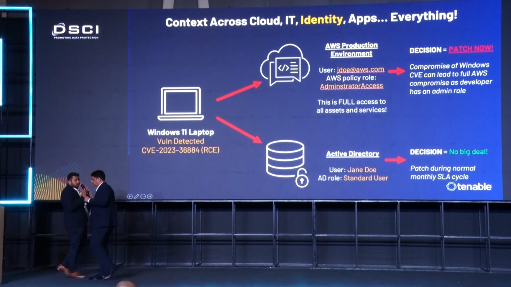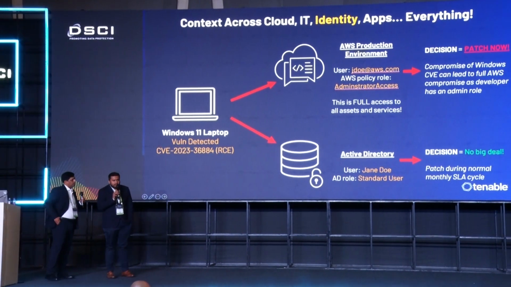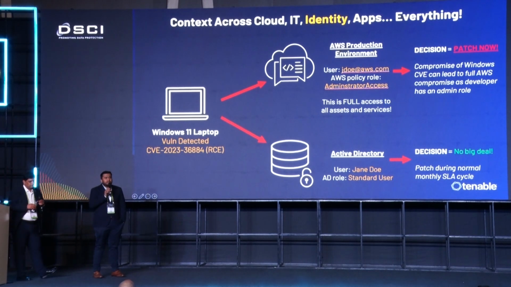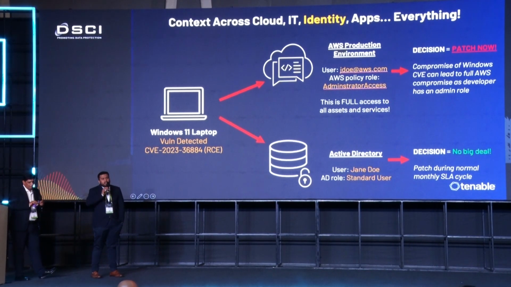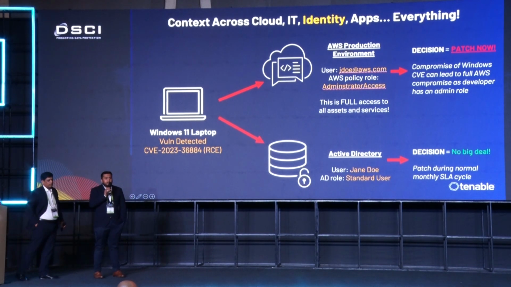And just to add to what Swapnil said, we not only depend on the CVE and the CVSS score, we have something called VPR, AES, and CES. Those are all proprietary scoring systems. VPR is vulnerability priority rating.